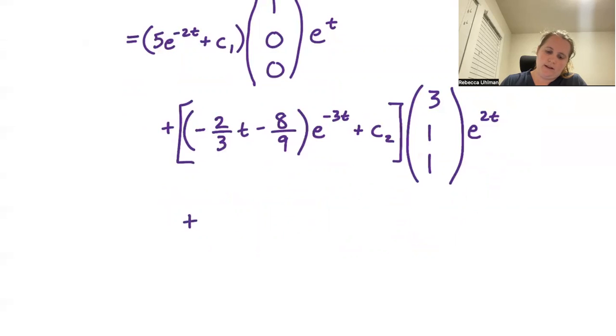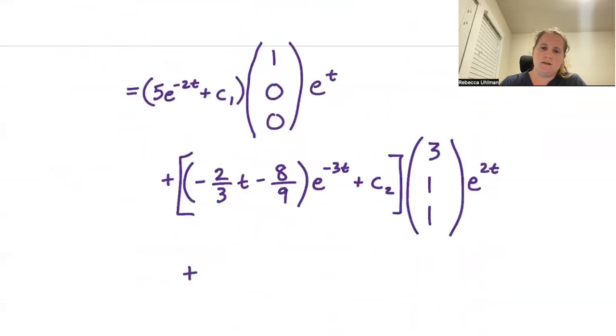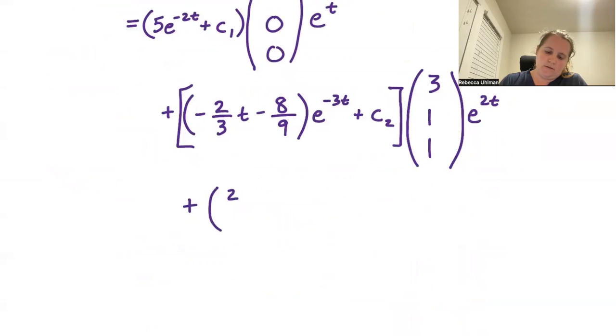And then for our last position, our u3 was 2/3 e to the negative 3t plus c3. So we have 2/3 e to the negative 3t plus c3.